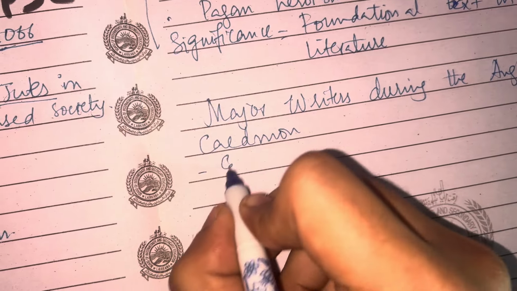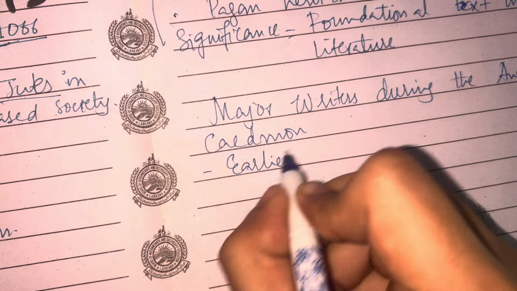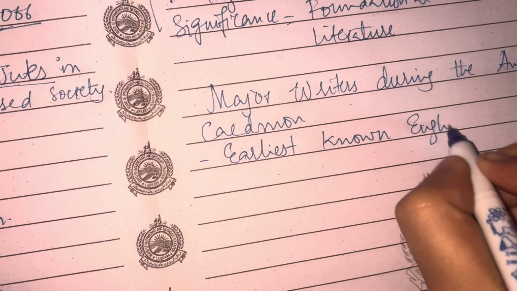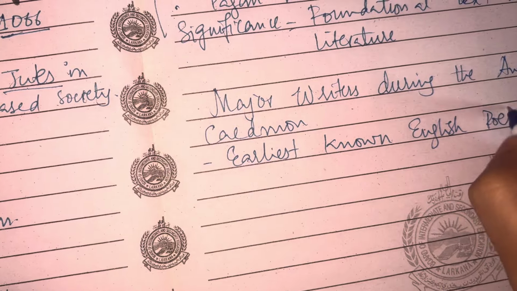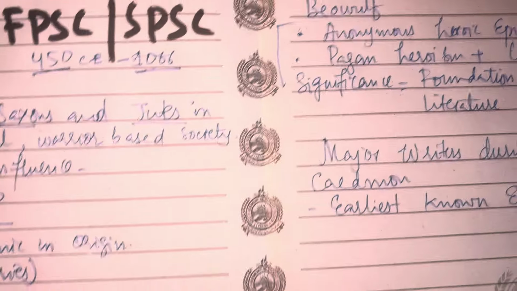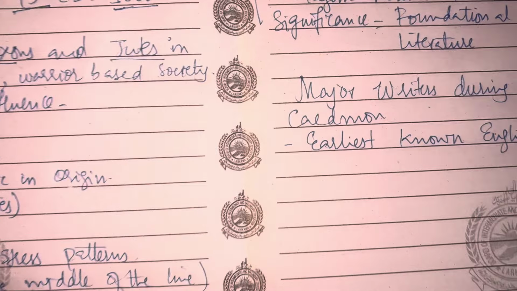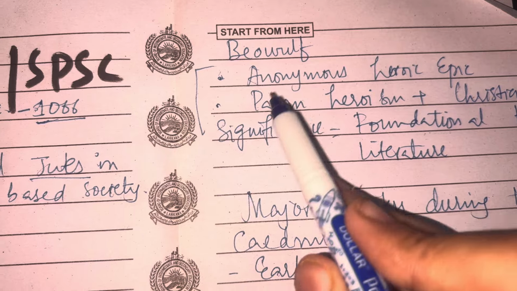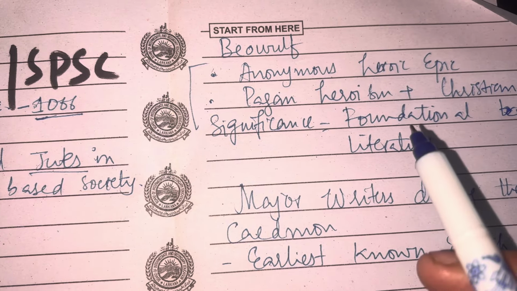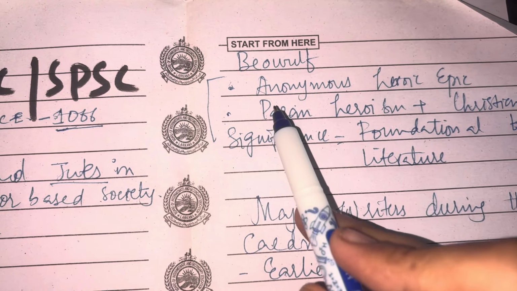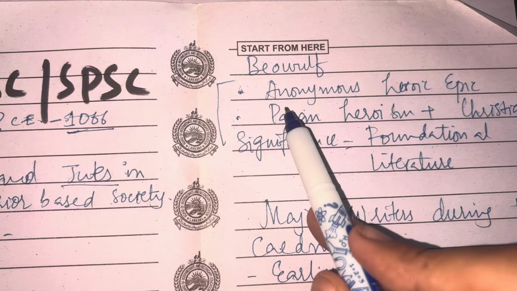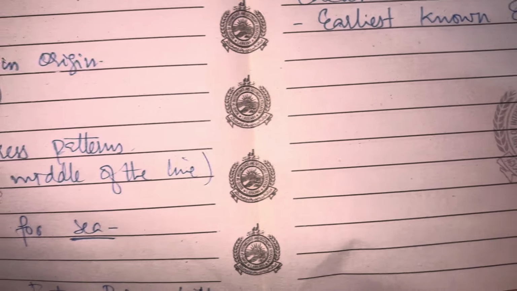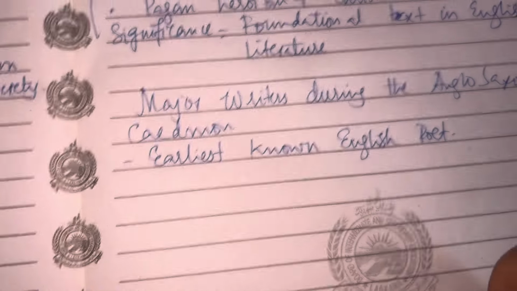He is the earliest known English poet. We often mistake that Caedmon has written Beowulf, but Beowulf is an anonymous heroic epic poem, which means that we do not know who wrote Beowulf. And Caedmon himself is the earliest known English poet.